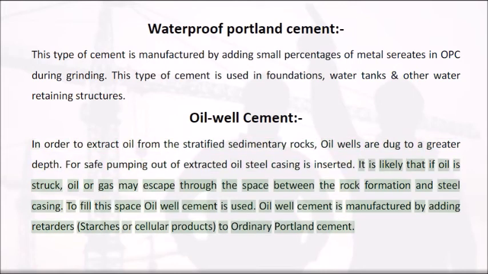It is likely that if oil is struck, oil or gas may escape through the space between the rock formation and steel casing. To fill this space, oil well cement is used. Oil well cement is manufactured by adding retarders, starches or cellular products, to ordinary Portland cement.